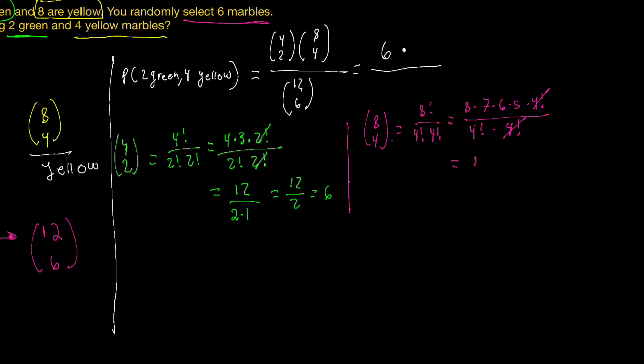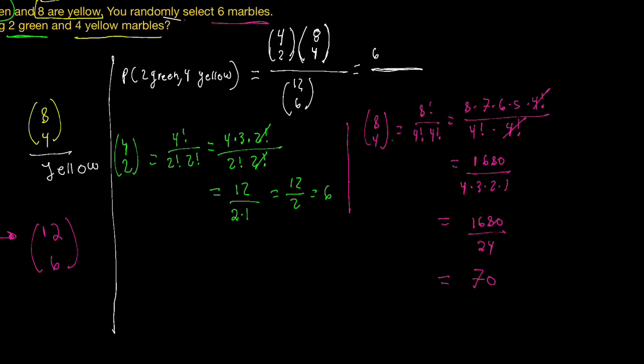We get 1,680 for the numerator. 4 factorial is 4 times 3 times 2 times 1. So we get 1680 all over 24. And then 1680 divided by 24 gives us a total of 70. And now we can replace 8 choose 4 by 70. So here we have 6 times 70.